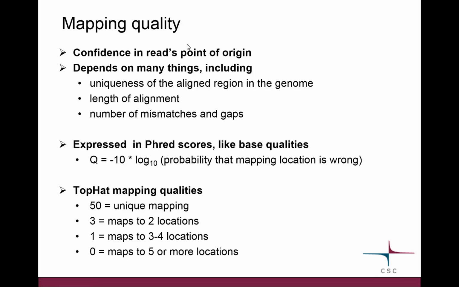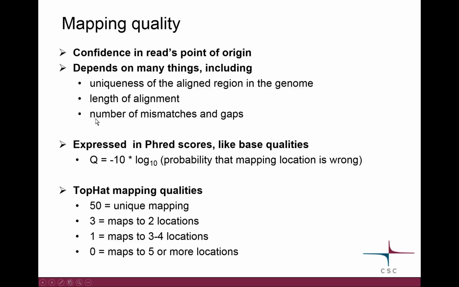Now, one thing to mention also is that until now, Maria told about base quality, how confident we are in the base calls. Now I will talk about another quality value, which is called mapping quality. And this is the confidence we have that the mapping position that the aligner program gives is a correct one.